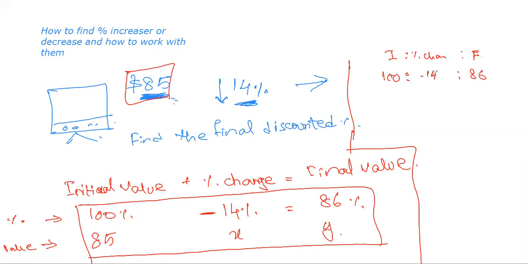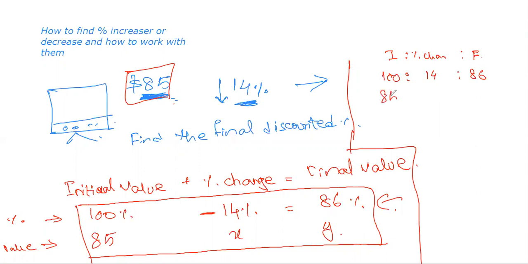Okay, now in these ratios, I do not need to write negative 14. I can only write 14 because I know that it will be reduced. Right? So you have to be very careful about this. It says that percentage is reduced, or if we have a discount, then we have a decrease in price. So it would be a decrease. So after the decrease, the final would be 86, which I will get from here. Right?